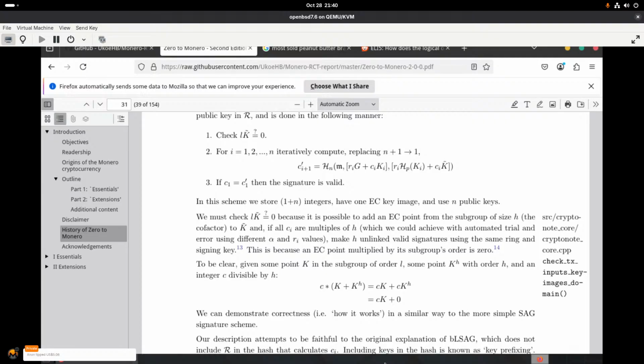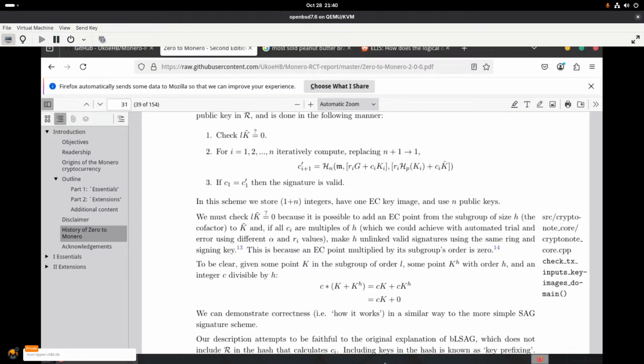In this scheme, we store 1 plus n integers and have one elliptic curve key image and use the n public keys. We must check l K equals 0 because it is possible to add an elliptic curve point from the subgroup of size h, the cofactor, to K, and if all c_i are multiples of h, which we could achieve with automated trial and error using different x and r values, make h unlinkable valid signatures using the same ring and signing key.